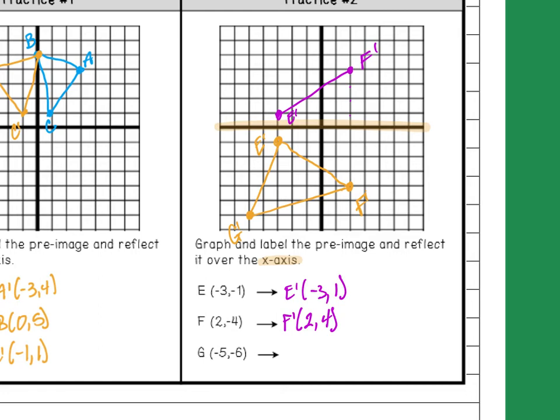And G prime is probably going to be the same x coordinate, the opposite y coordinate. So it's 5 and it's up 6. 1, 2, 3, 4, 5, 6. G prime. Oh, that was a straight line. And there's what it should look like. So those are my reflections.